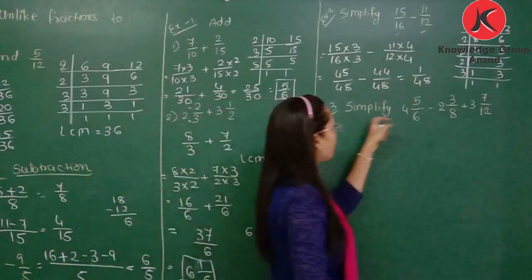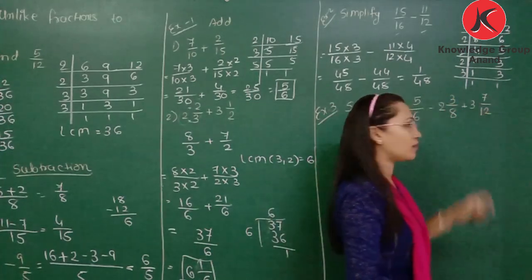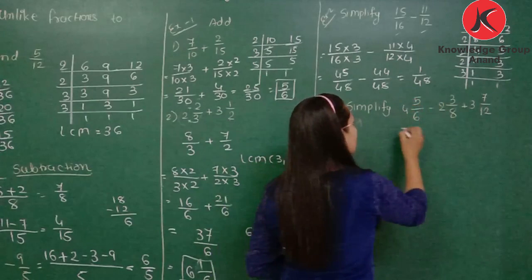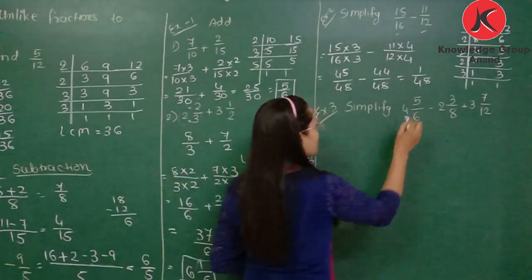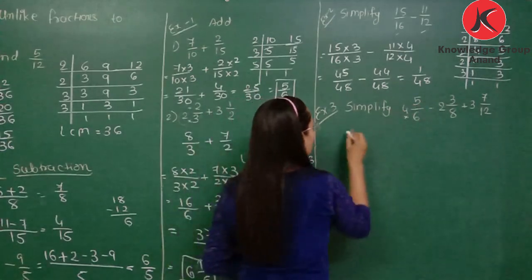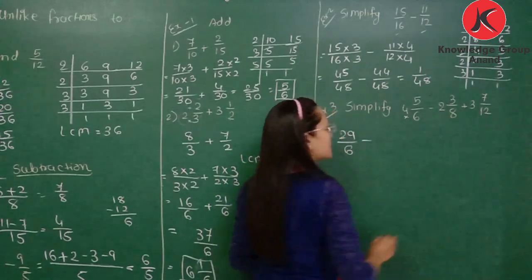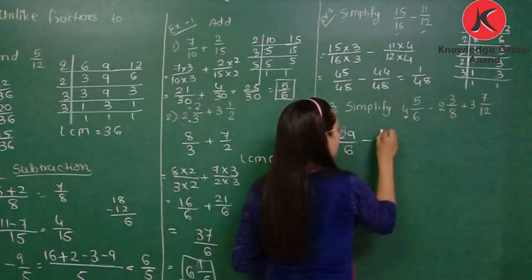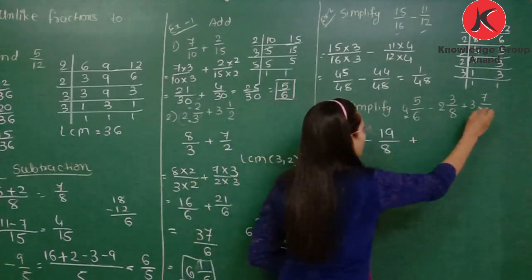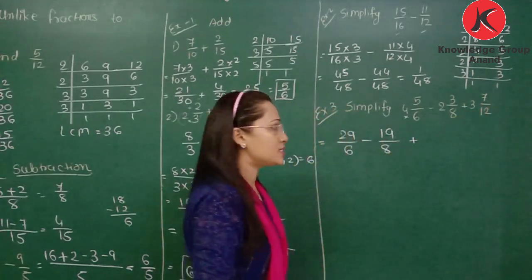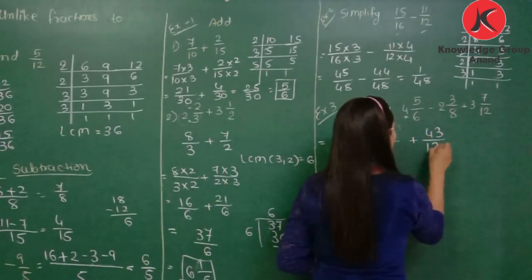Now next, simplify 4 5 by 6 minus 2 3 by 8 plus 3 7 by 12. So first of all we convert these mixed fractions into improper fractions. So 4 6s are 24 plus 5, 29 by 6, minus 2 8s are 16 plus 3, 19 by 8, plus 12 3s are 36 plus 7, 43 by 12.